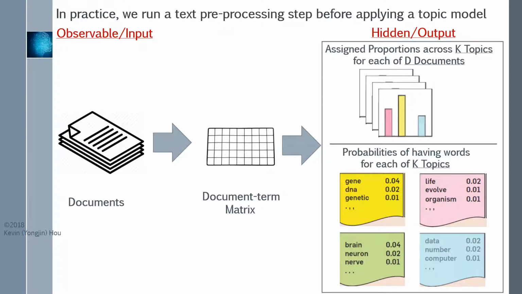All right, we're coming to this familiar picture again. But here the point is, before we run the LDA algorithm or the topic modeling algorithm, we typically have to go through the pre-processing step.